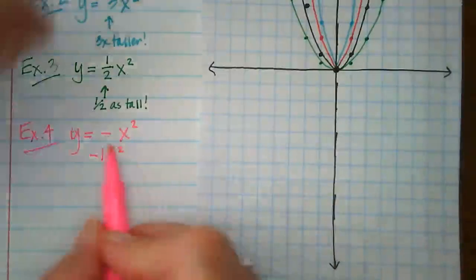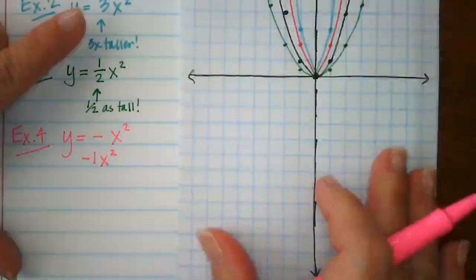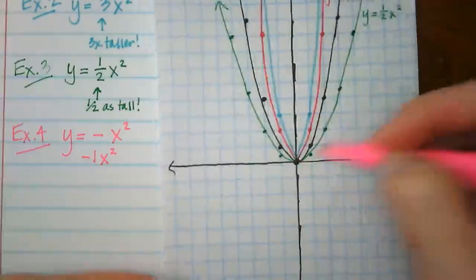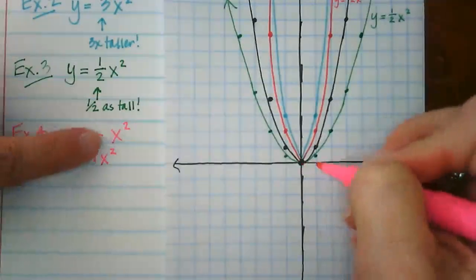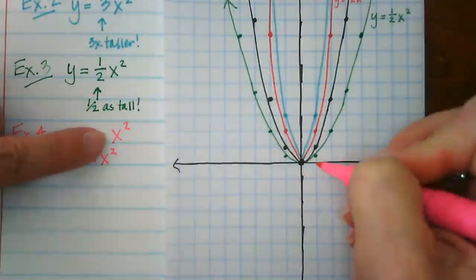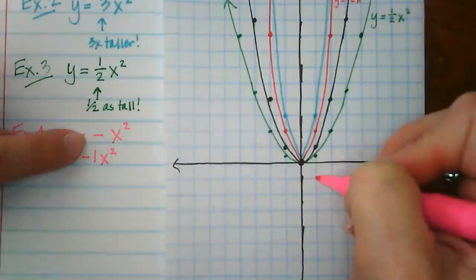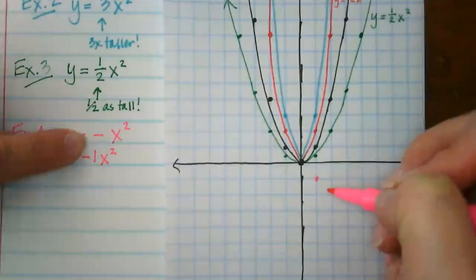So this one, we're still going to start, our vertex is 0, 0 here. If we fill in 1, squared would be 1, but it's negative.